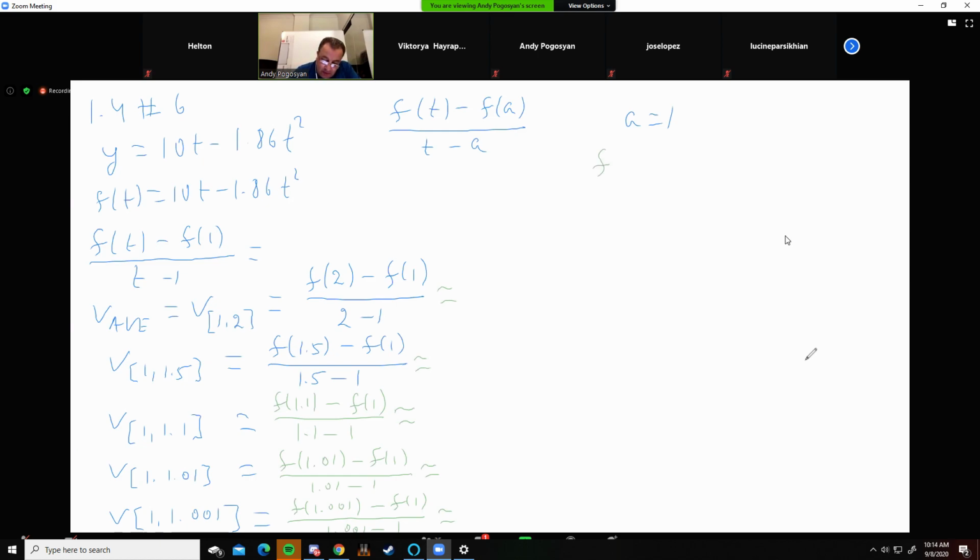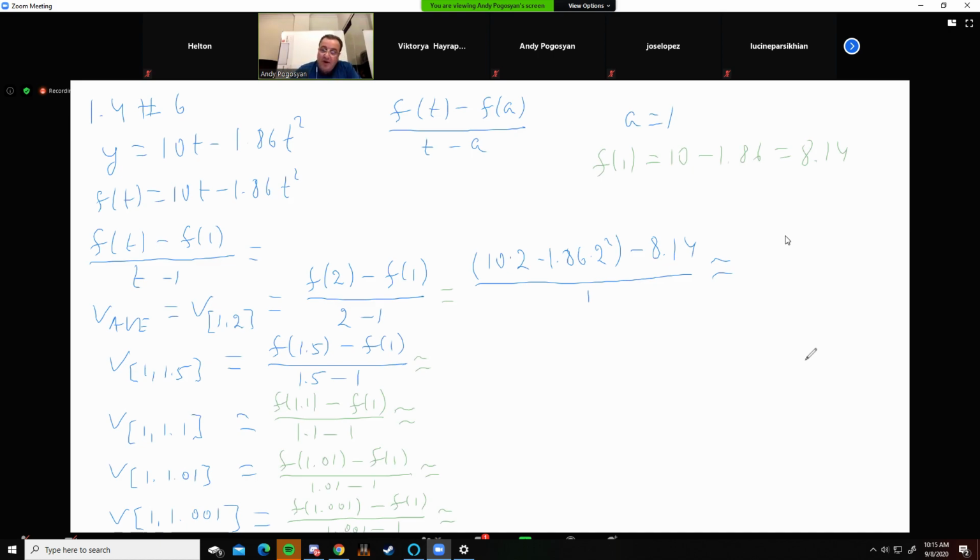f of 1 is 10 minus 1.86, which is 8.14. So the first one equals f of 2, which means 10 times 2 minus 1.86 times 4, minus 8.14, over 1, which is approximately equal to the following.